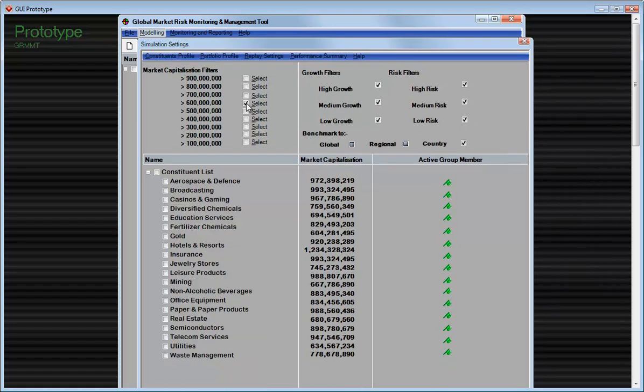If we use the filter functions here, removing any firms that are sub 600 million, the list then gets refined down to a significantly smaller number, and in this instance we will use the country comparison. So this might just be an individual portfolio within a specific country.